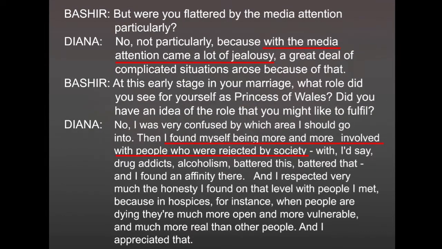And with the media and people's attention pouring more onto her, her husband, Prince Charles, became jealous of her. And you also look at these underlined words. Diana felt that she was more and more involved with people who were rejected by society. Well, this is the princess's construction of her social reality.